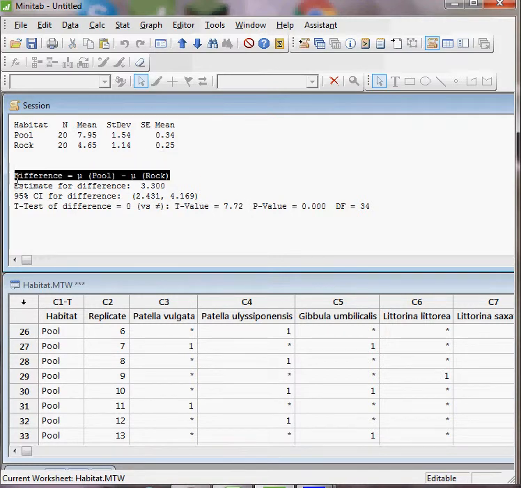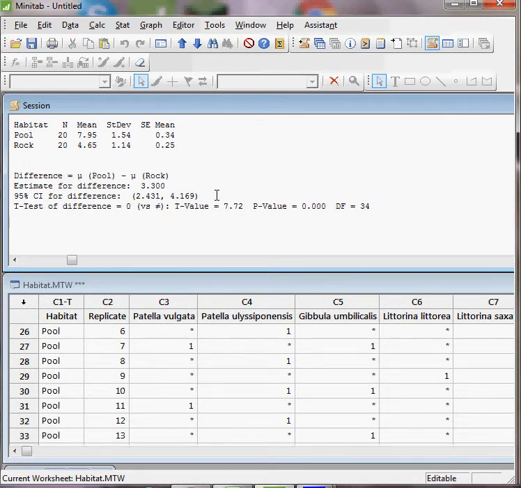So we reject the null hypothesis that the two population means are the same, and we make a decision that the evidence in our sample entitles us to claim that the population means are not the same. In other words, we think there is a difference in the population means of species richness found at pool sites when we compare them with the species richness found at rock sites.